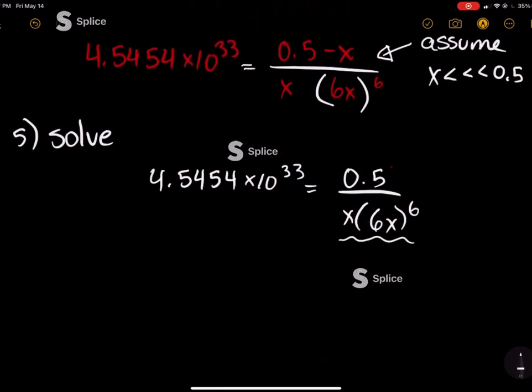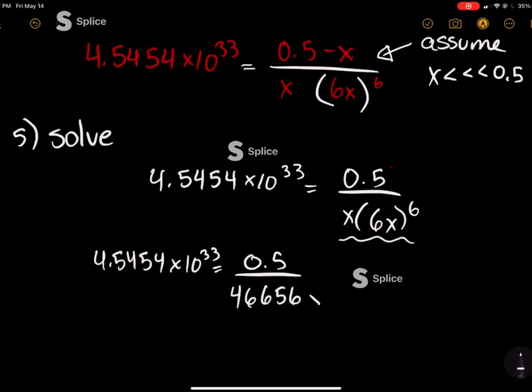Multiply this expression out, so we get 0.5 over 46,656 times x to the 7th. What we did is we applied the exponent to the 6 and to the x, and then multiplied by this x as well. So 6 to the 6th power is this large number, 46,656, and then x to the 6th times x gives us x to the 7th.